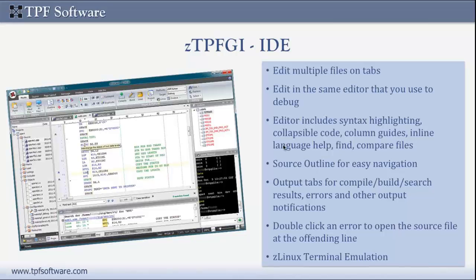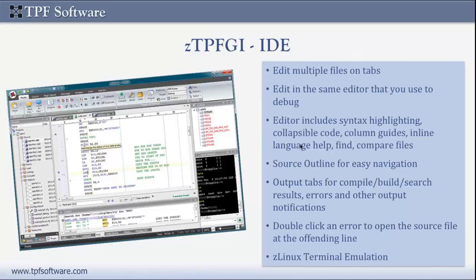Since all the development is now happening on Linux, we also have a Linux terminal emulation as part of this IDE. We will get into more details on this IDE in our next webinar.